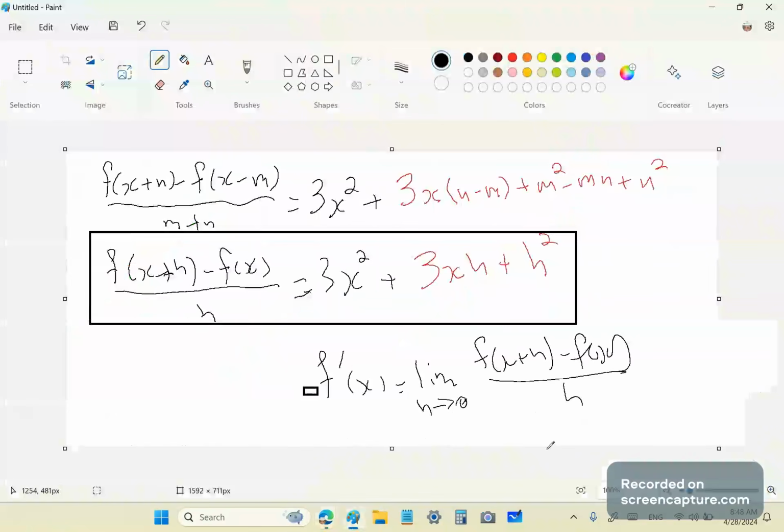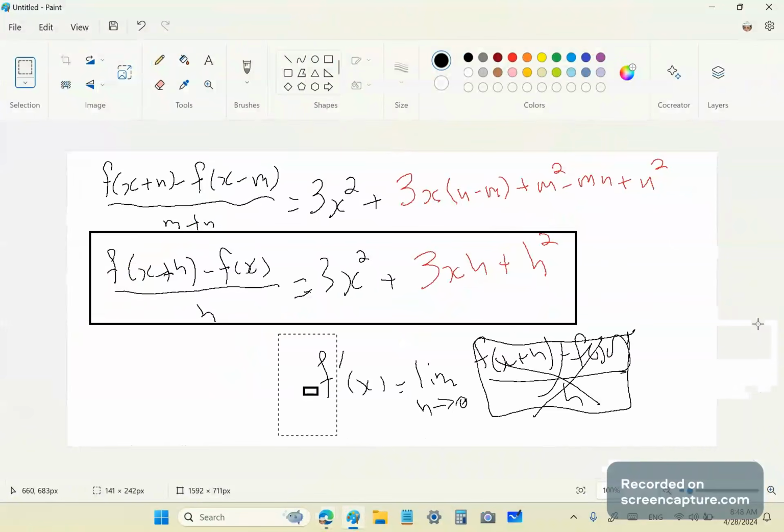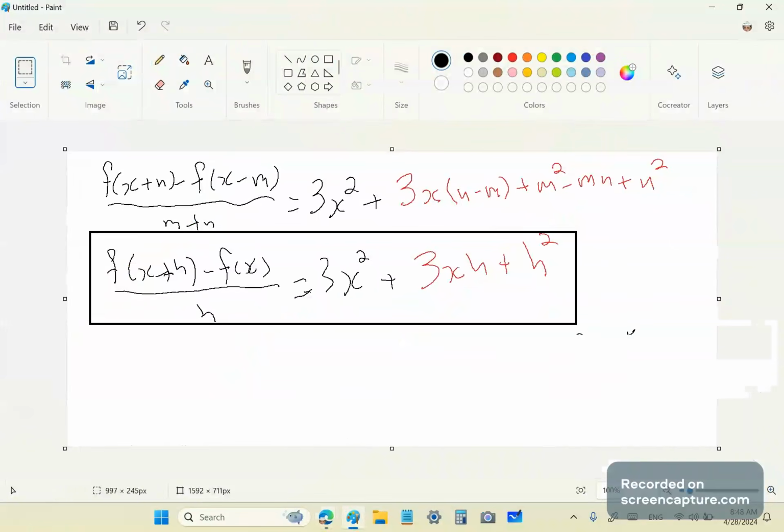And this is never defined. Never, never, ever. You just don't have it. There is no finite difference like that. Let's clear that out so that we have a space to write.